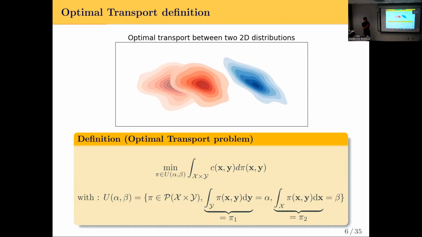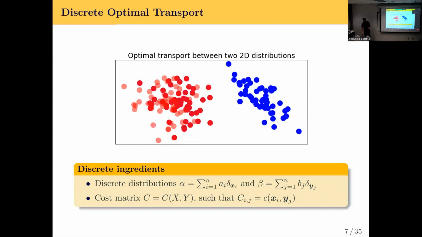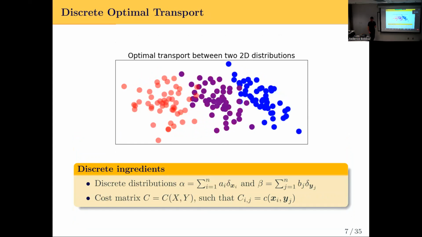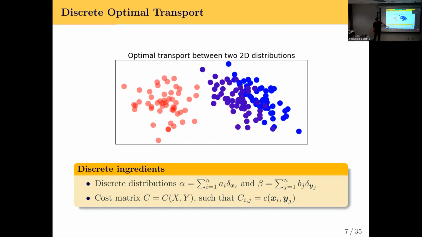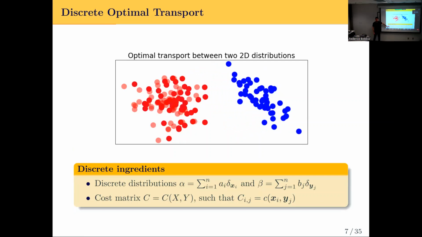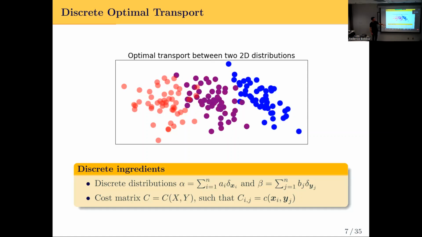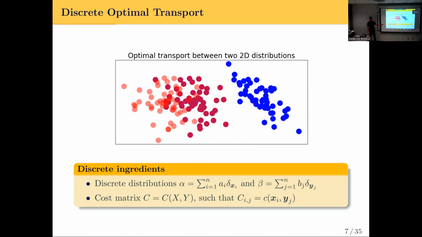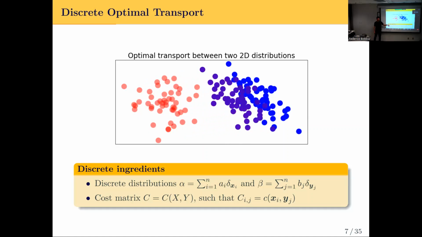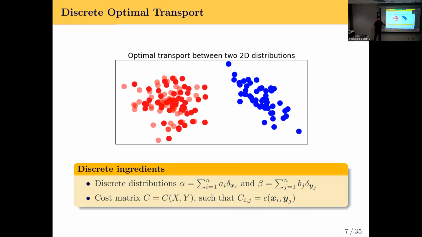This is the case when I have continuous probability distributions. But when I have distributions which are sums of Diracs, so discrete probability distributions, I require a ground cost matrix C, where each element of the matrix is the distance between one element of the source domain and one element of the target domain.